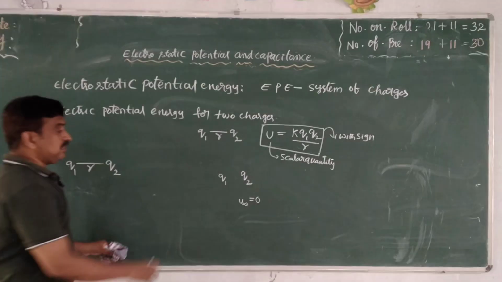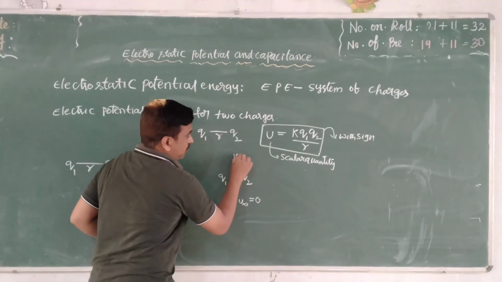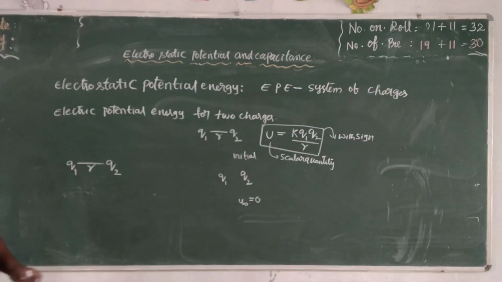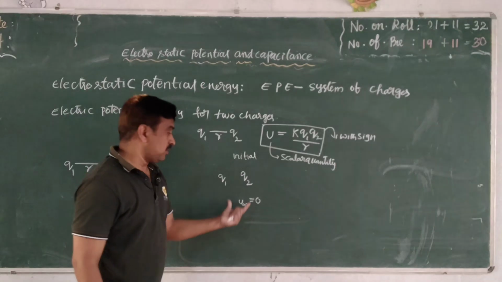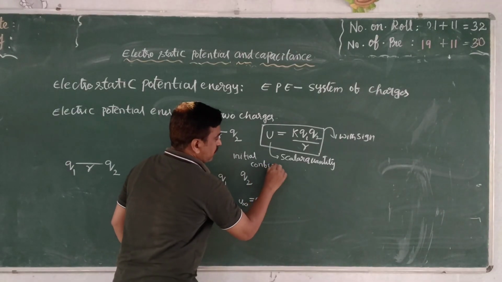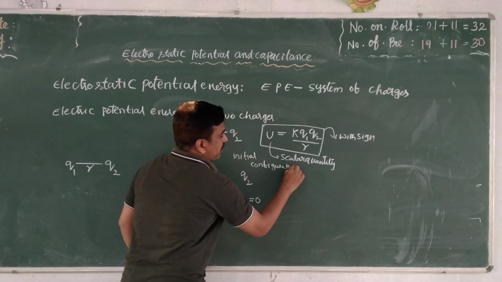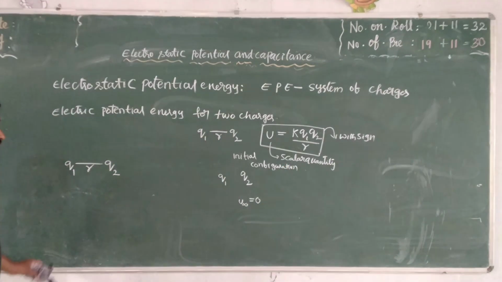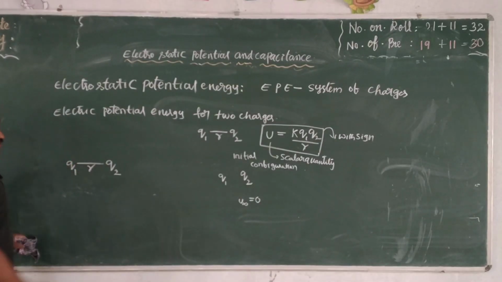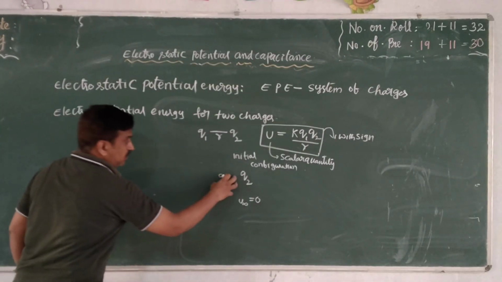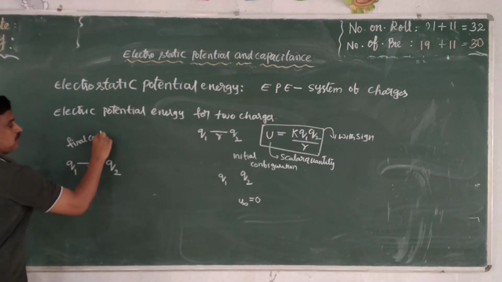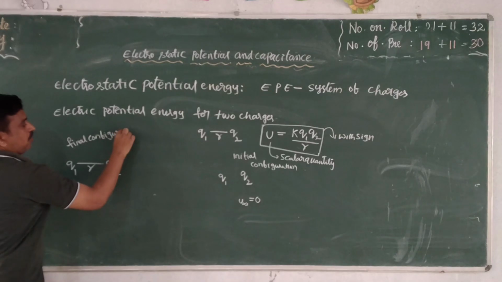Now, that is the initial configuration. Why? Because for a system of charges, the initial configuration is at infinity. We take these charges and arrange them here, which is the final configuration.